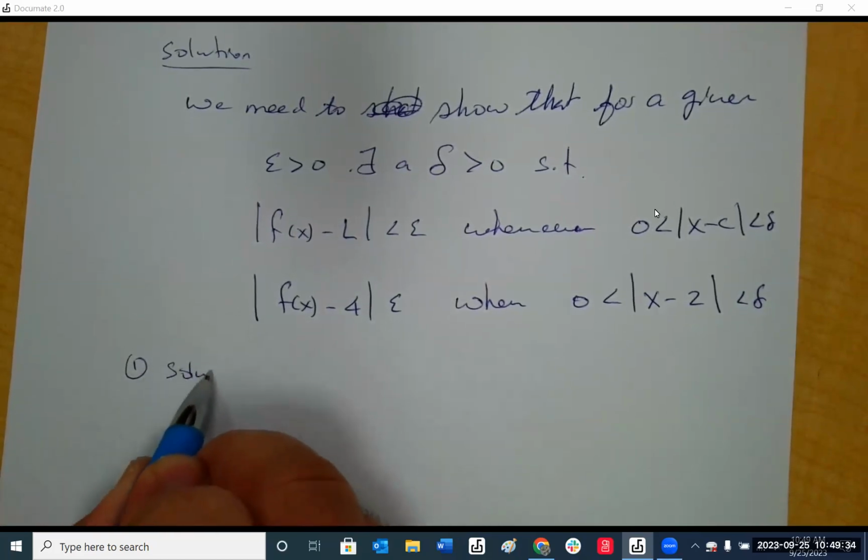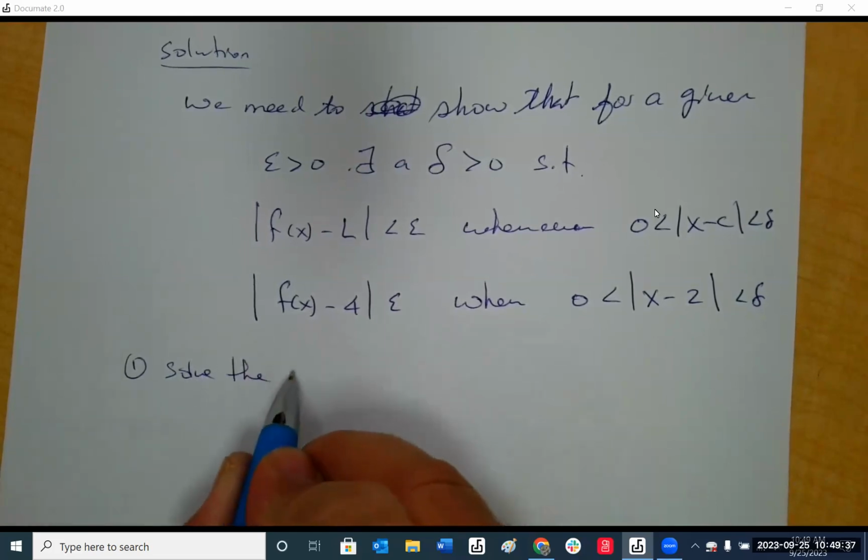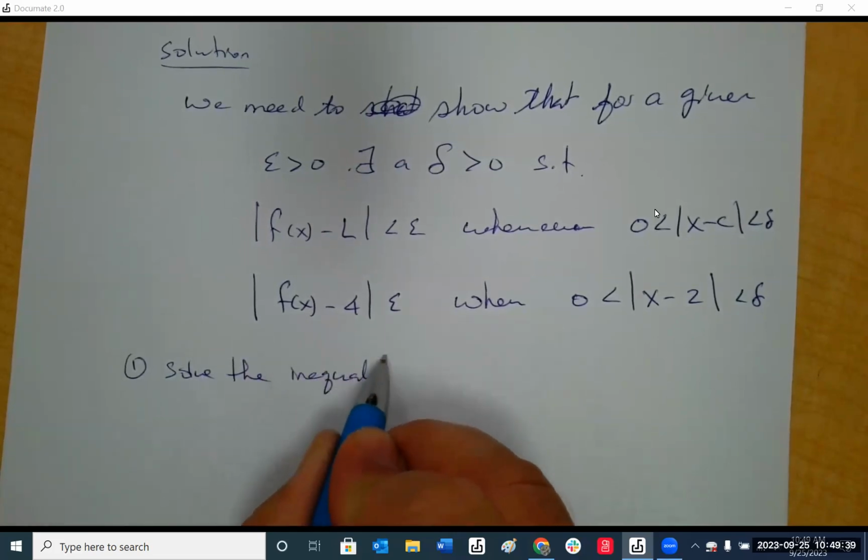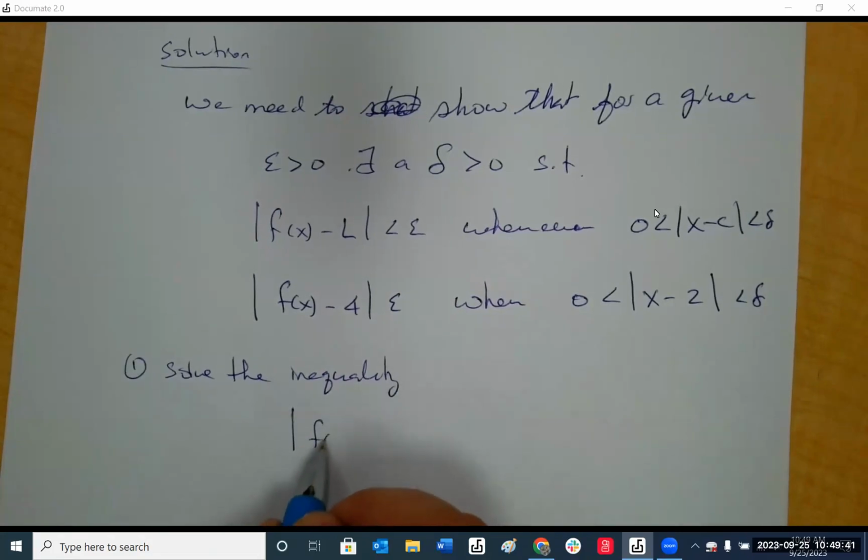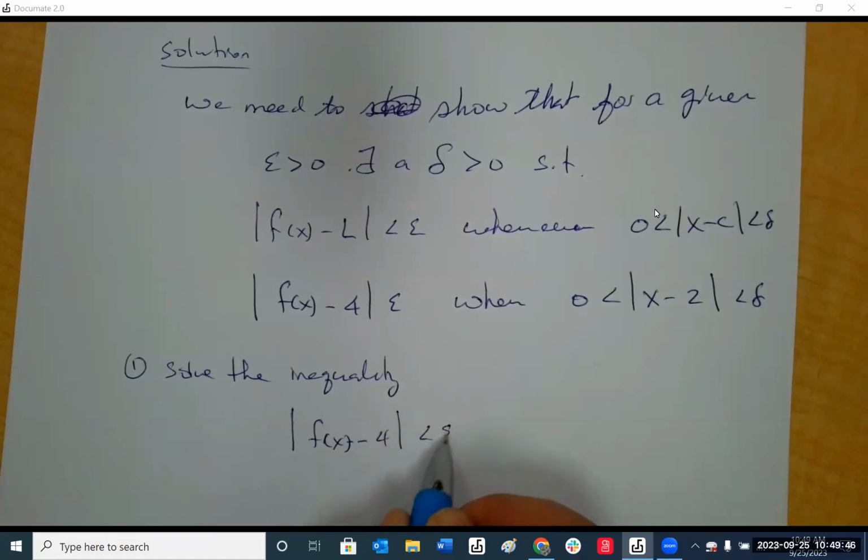So solve the inequality |f(x) - 4| < epsilon.